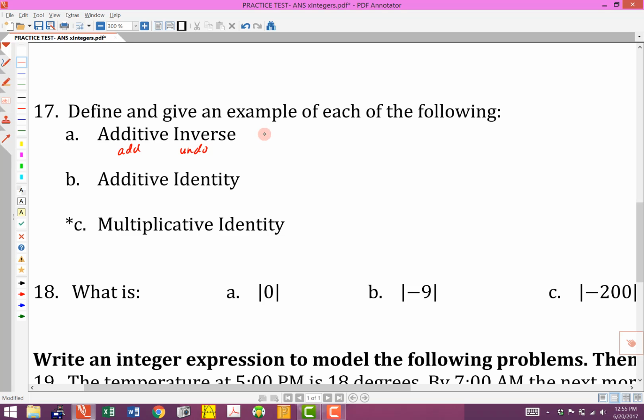What if we did something like this? 4 minus 4. This is a positive 4. There's the additive inverse. That makes a 0. Okay, so the definition of this is they add to make 0. Okay, they are opposites of each other.